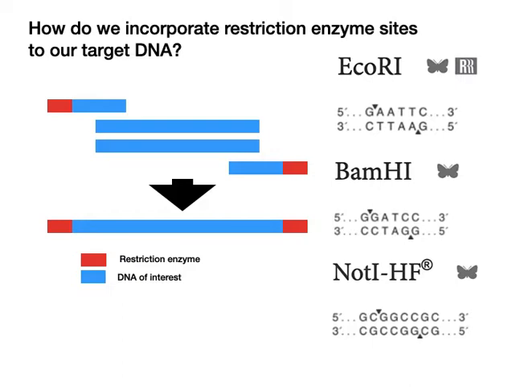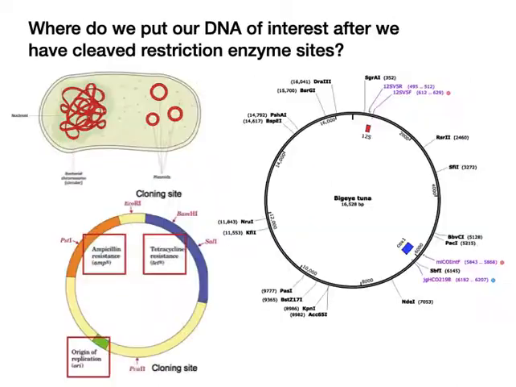What we do here is, in the blue, this is your DNA of interest, and you deliberately put these red ones here, the restriction enzyme sites, so that your resulting amplicon, or PCR product, would contain these red sites. Now, what's the benefit of putting these red sites? If we have this plasmid, as we said, this is a circular DNA.